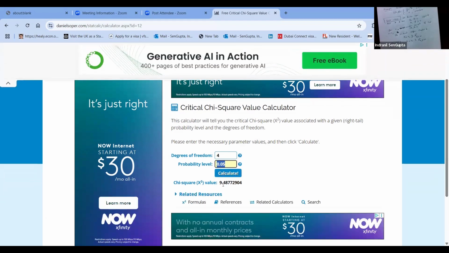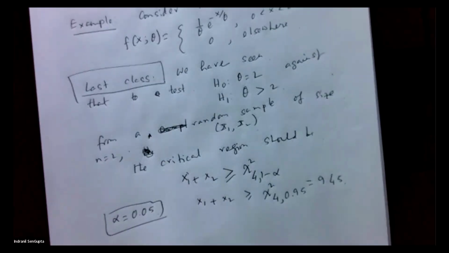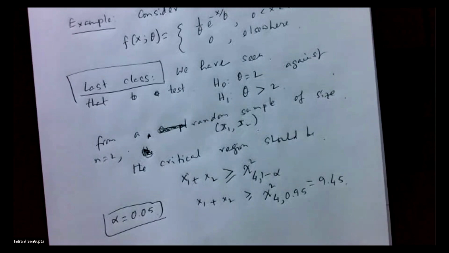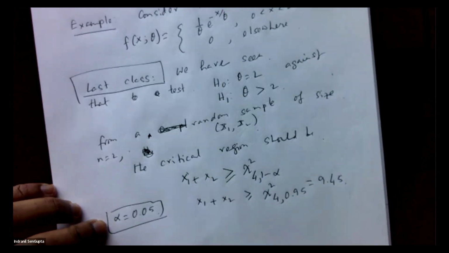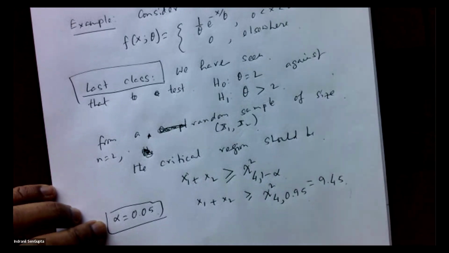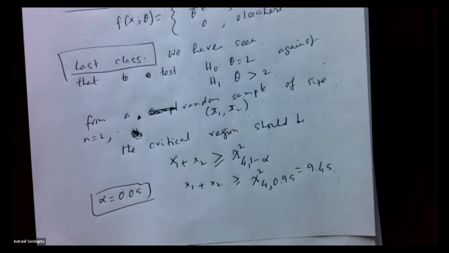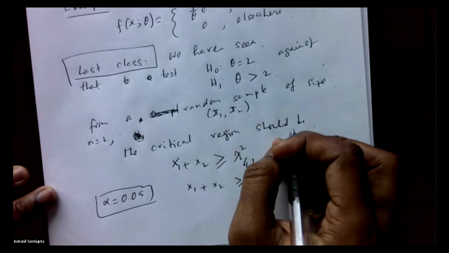If you compute this, you get about 9.45. That means this is the critical region. If x1 plus x2 happens to be bigger than 9.45, then we reject the null hypothesis. This is how we can compute the critical region.